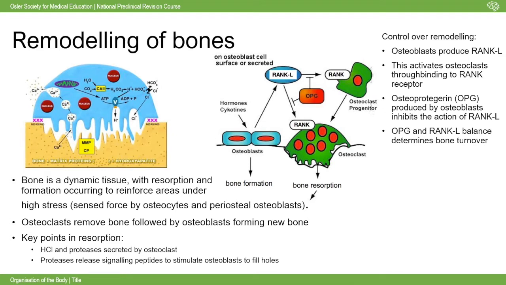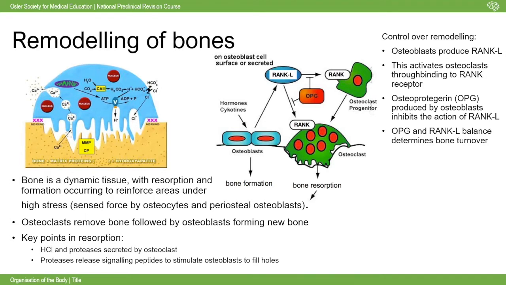This is done by several molecules. Osteoblasts are actually in control of the differentiation of osteoclast progenitors into osteoclasts. Again, a lot of cells that sound very similar, but just to reiterate, osteoblasts are the blue cells labeled with RANKL here.